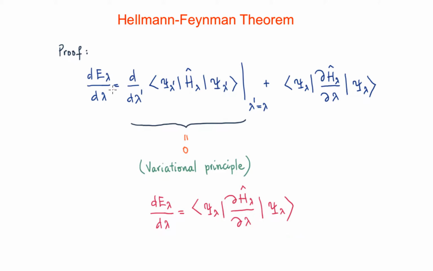So when doing the lambda derivative of the energy, which in principle you have to do, of course, the lambda derivative of the eigenstates and the lambda derivative of the Hamiltonian, we are going to split that lambda derivative in two different contributions. Here in the first one, we are going to do the lambda derivative on the eigenstates, and in the second one we have the lambda derivative of the Hamiltonian.